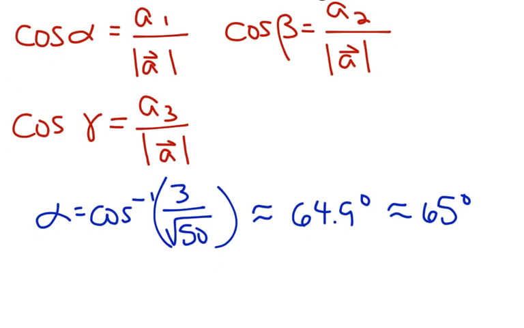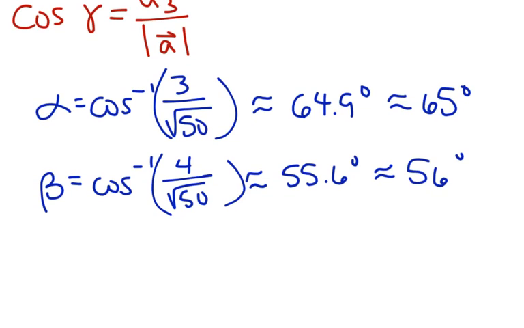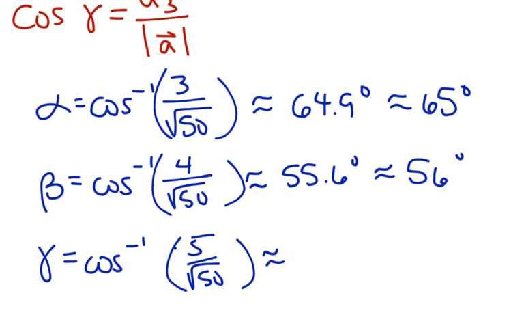To find beta, we do the inverse cosine of 4 over the square root of 50, which is approximately 55.6 degrees or 56 degrees. And gamma is the inverse cosine of 5 over the square root of 50, which is exactly 45 degrees.